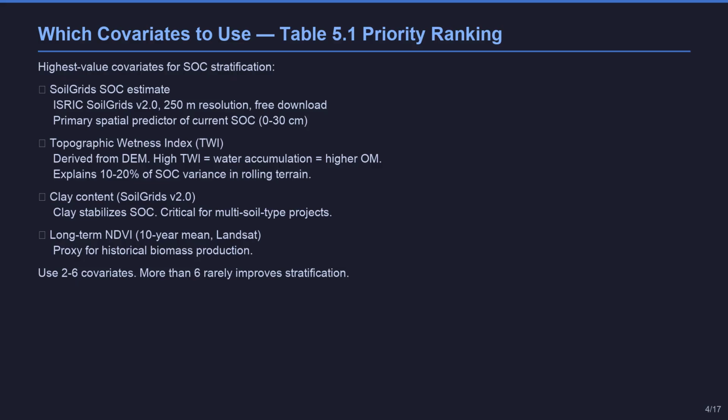Clay stabilizes SOC, sandier soils lose it faster. Important for projects spanning multiple soil types. Long-term NDVI, 10-year mean from Landsat, is also useful as a proxy for historical biomass production. Keep it to 2 to 6 covariates. More than 6 rarely improves the stratification and slows the algorithm.